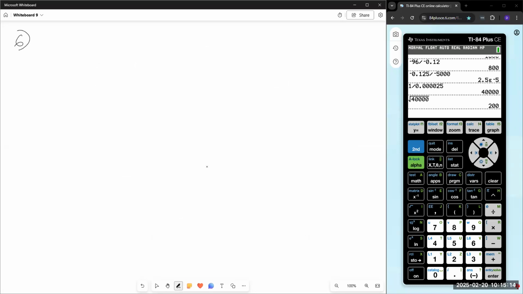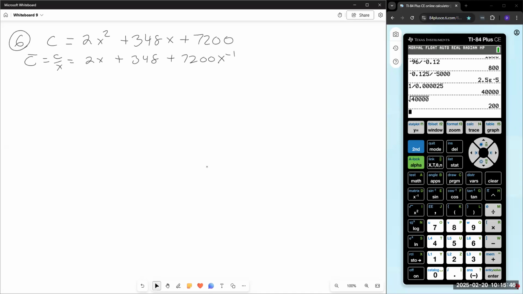Number 6 says that C is equal to 2x squared plus 348x plus 7200, which makes C bar, which is C over x, equal to 2x plus 348 plus 7200x to the negative first.